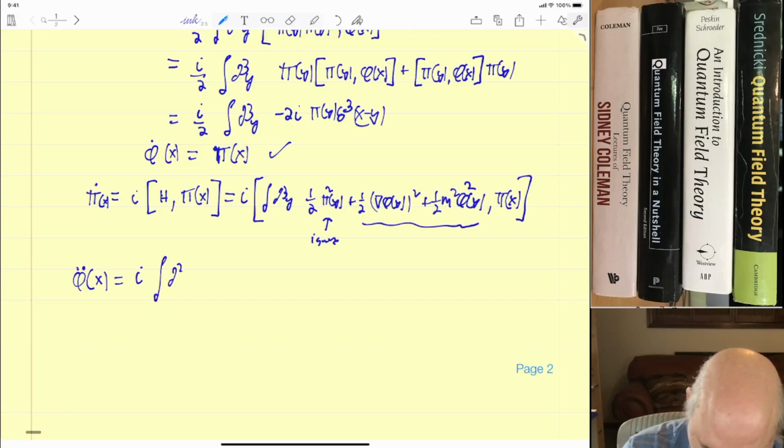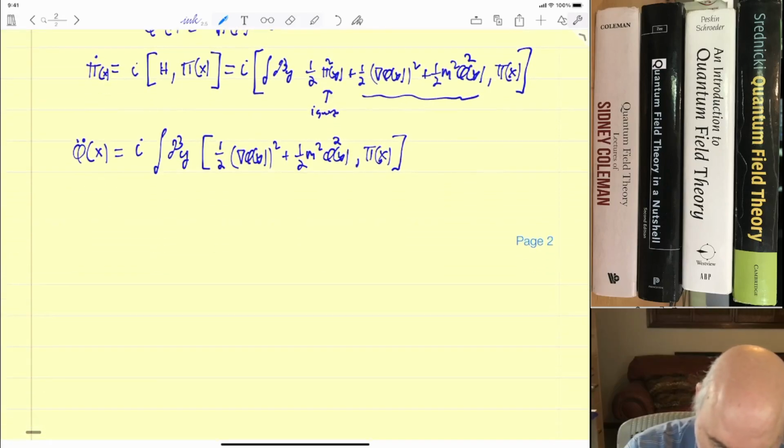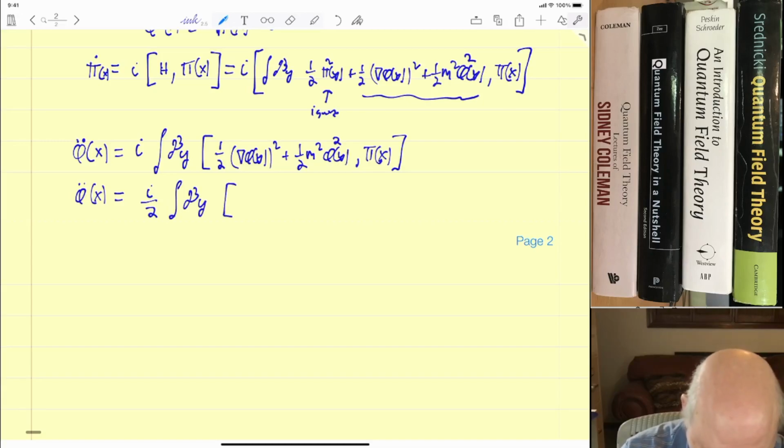I, taking the integral outside of the commutator again, so continuing, now it always helps to use the Leibniz thing.